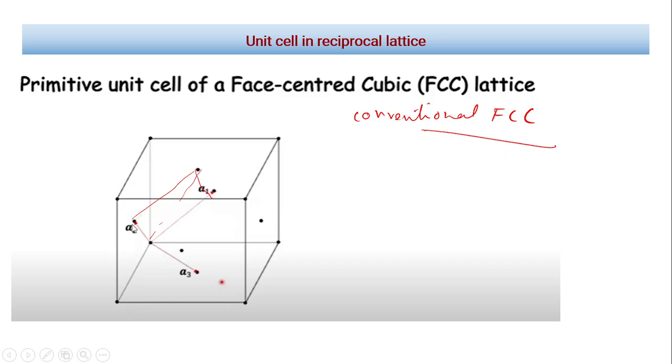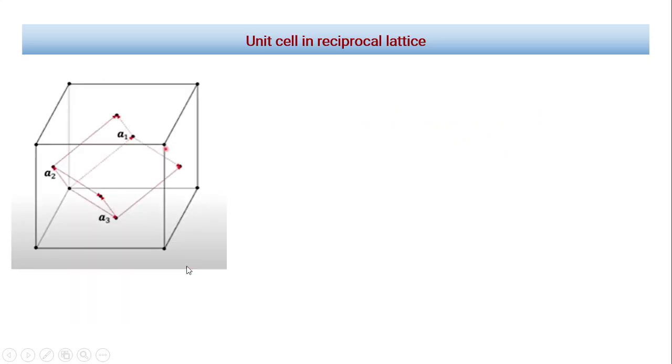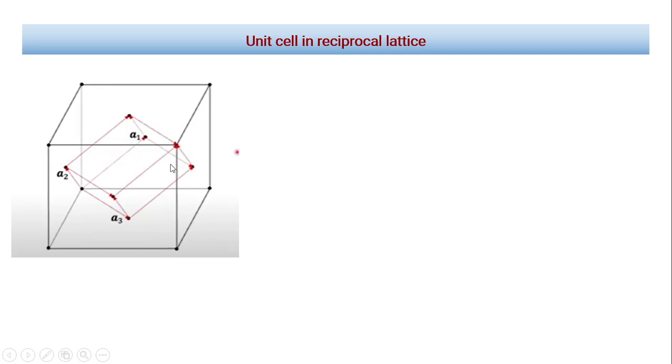Then when I join A2, A3, I'll get the face center atom of the front face. Similarly, when I join these two, I'll reach the atom on the face center on the right side. And when I further join these others, I'll get the one at the back. So this is another unit cell. The red one is the primitive FCC unit cell.